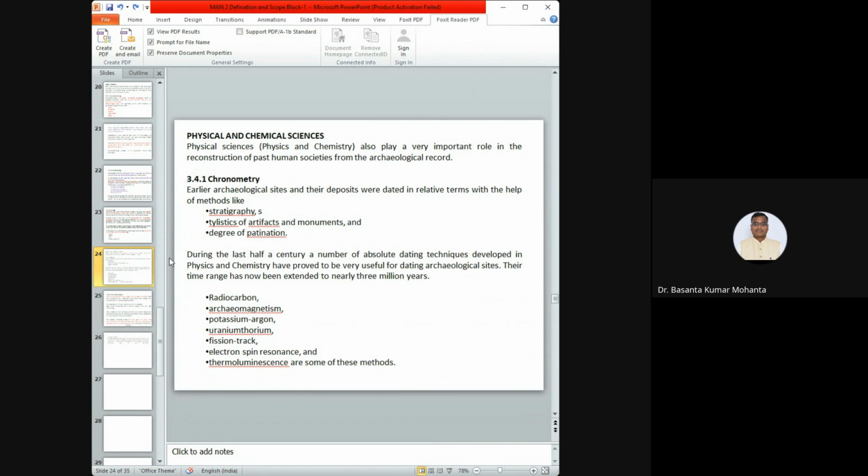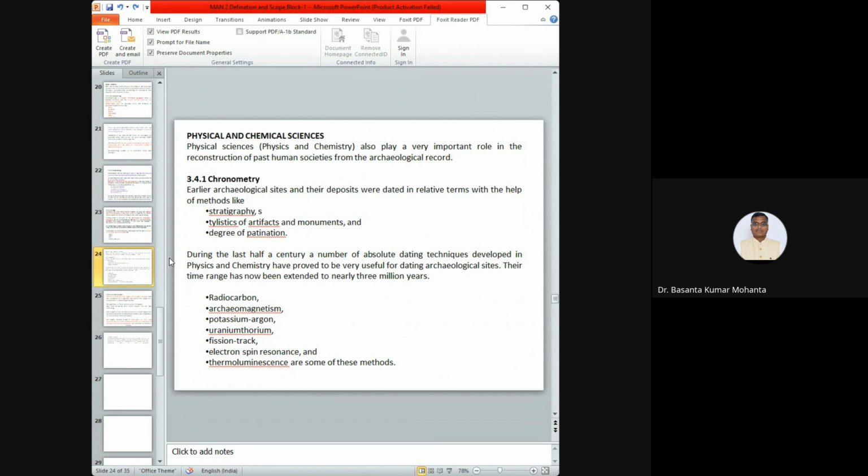Chronometry helps us to study the stratigraphy, the stylistic features of artifacts and monuments, degrees of patination, etc., or chemical composition, and the role of different kinds of chemicals on archaeological materials or prehistoric tools.